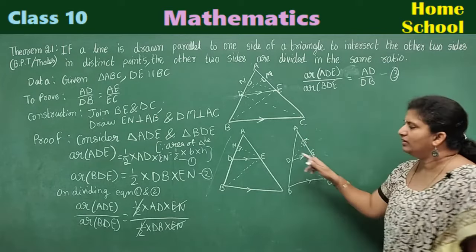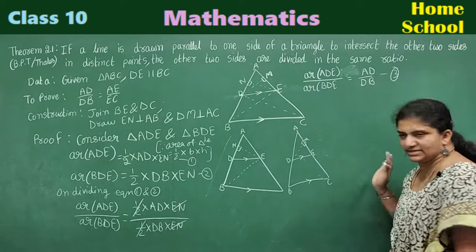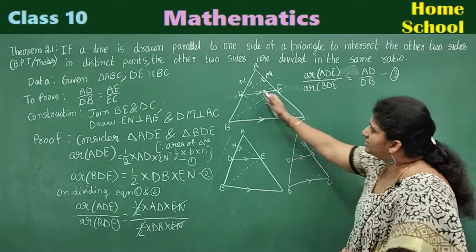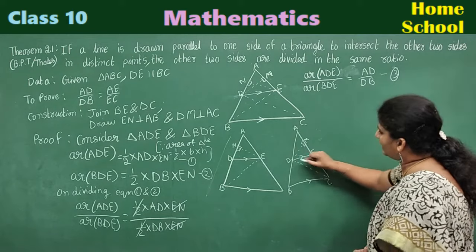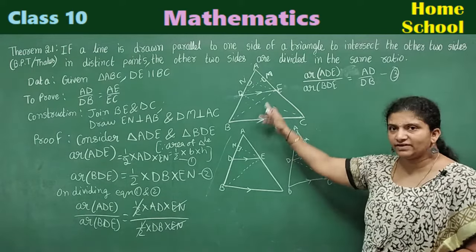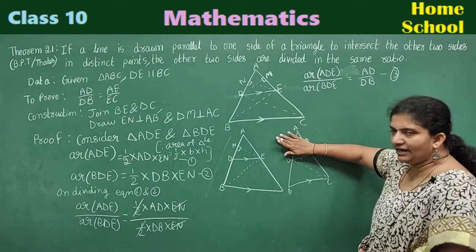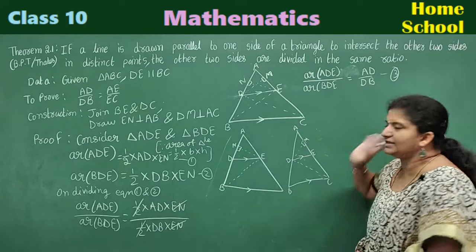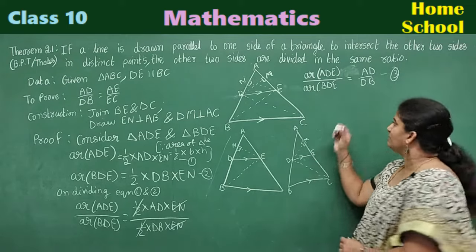DM. Okay. DM is perpendicular to AC. And here, this side over and this side, which triangle you can see? DEC. See the figure in this way. And in the second case, again ADE triangle and DEC triangle. Same manner, we are going to find the area.